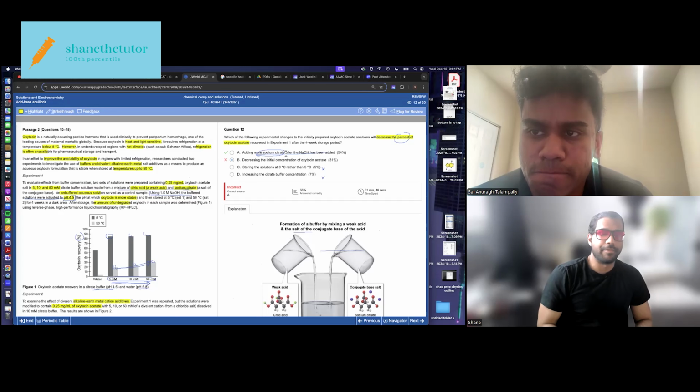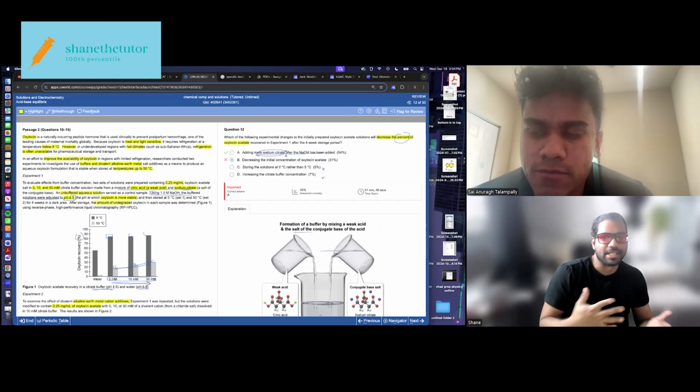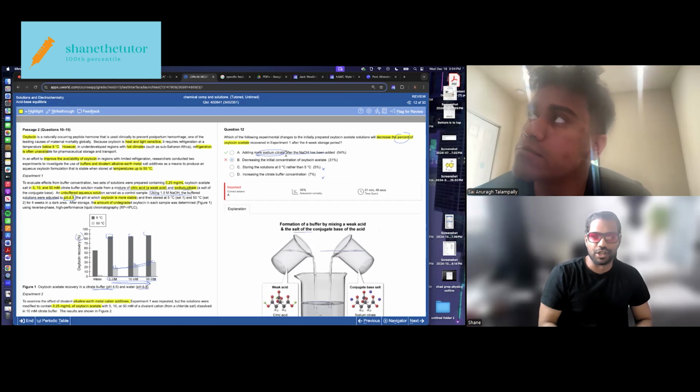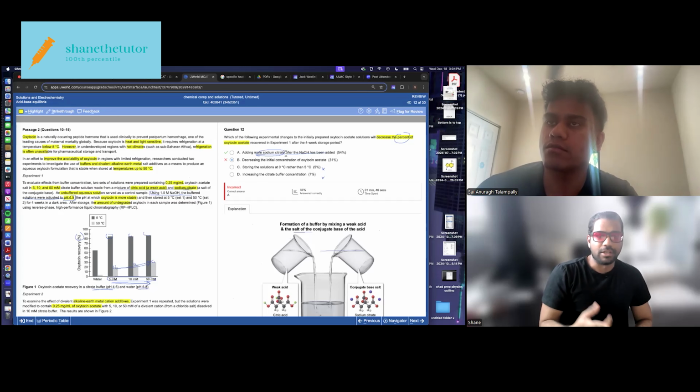Because your reasoning is true: for the buffer, if you add more of it, it should resist changes in pH. But the buffer is the mixture of that weak acid and conjugate base. Okay. But choice A is saying if you only add the conjugate base.